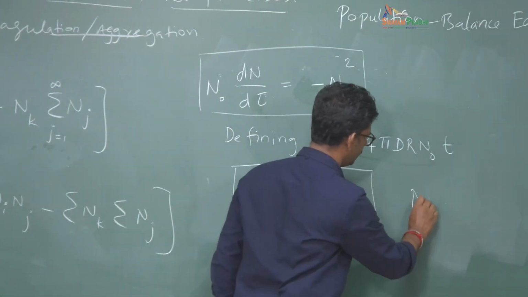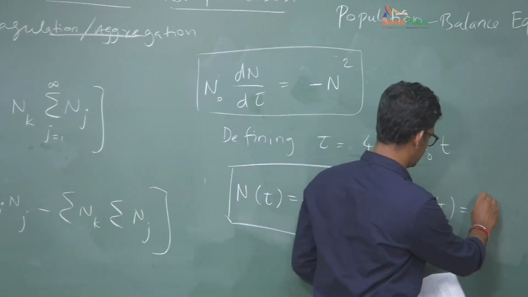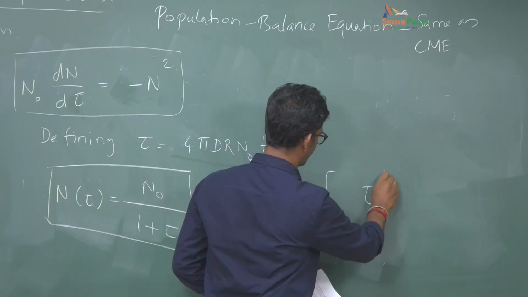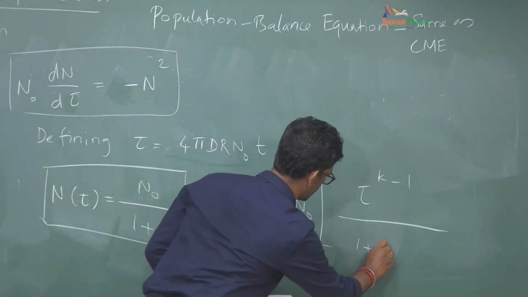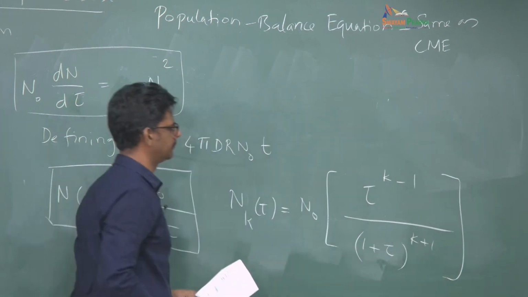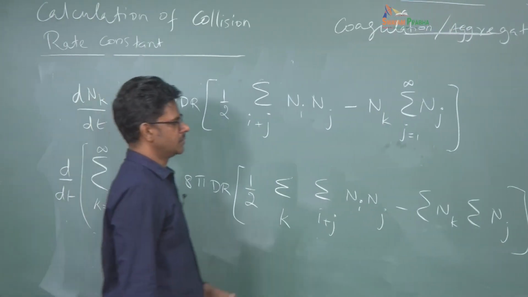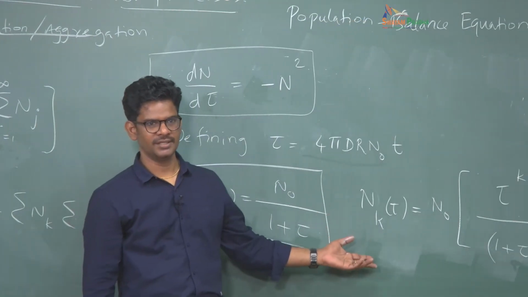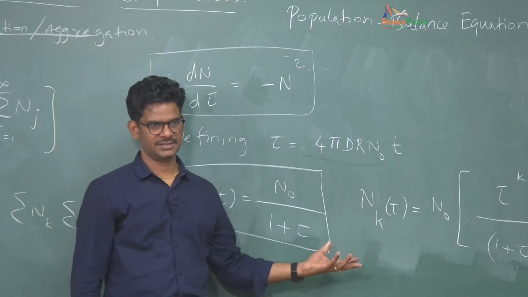Whereas if you want to solve n of k, this becomes n naught... this is what I was proposing in the beginning, that we are interested in calculating the number concentration of each cluster size k.